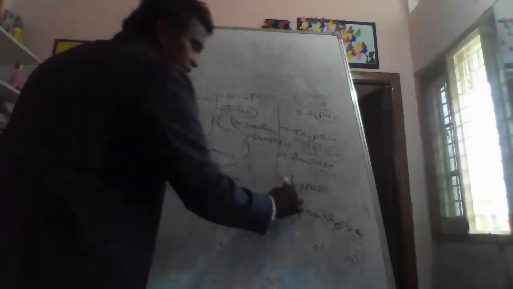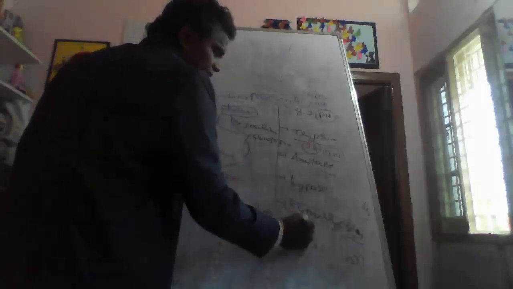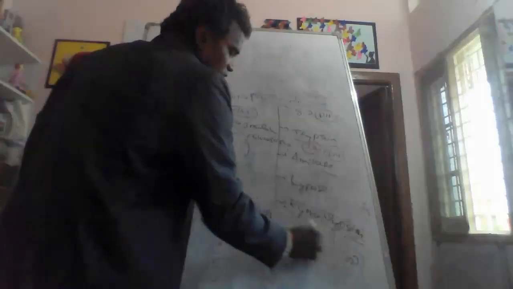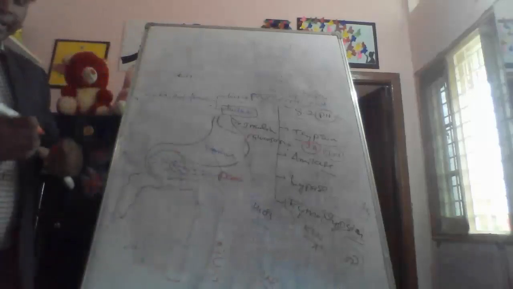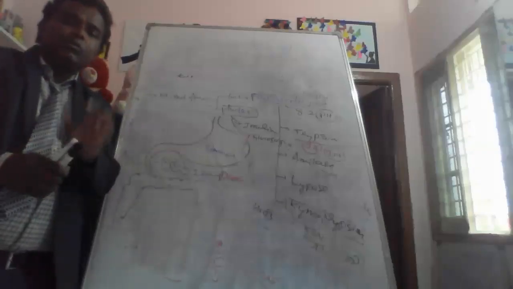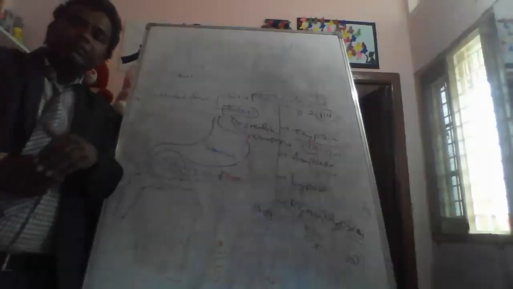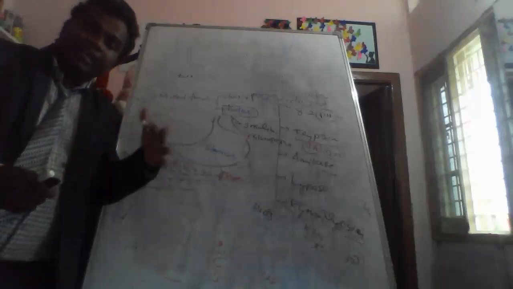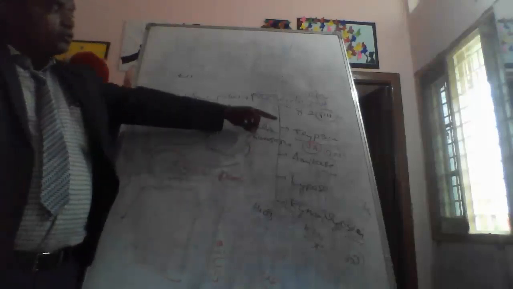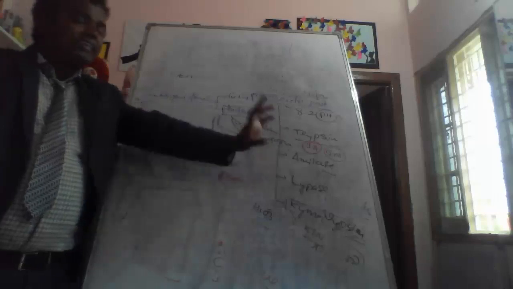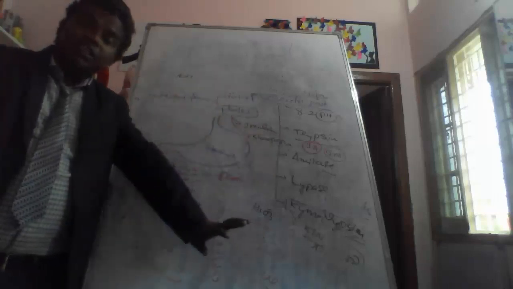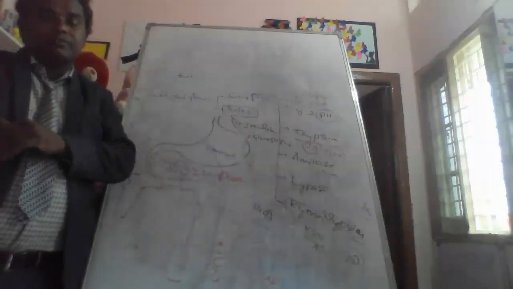And chymotrypsin is present in the juice as chymotrypsinogen. Very important note; I would like to explain the mechanism later.